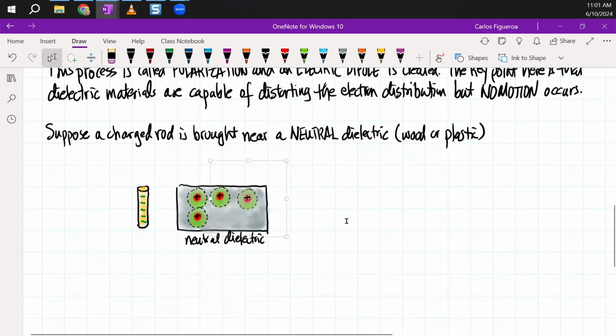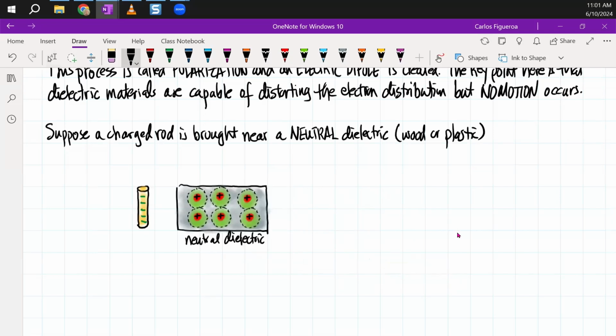Ideally, they would be symmetric. Doesn't look like it's going to be symmetric, but that's the breaks. And then one more, and then we get here. So now I have my dielectric right there.